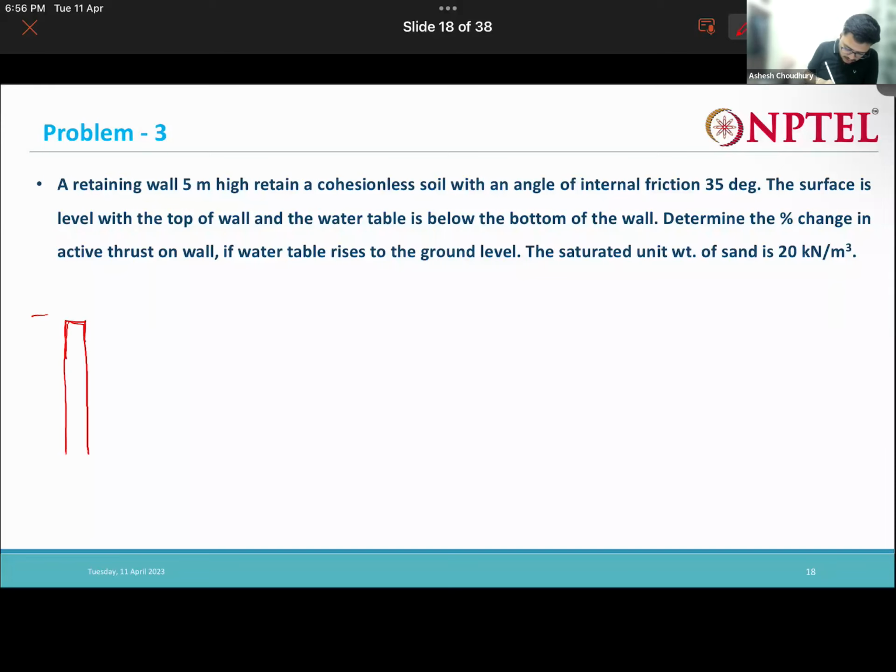So this is our wall. This is 5 meters, surface is level. Saturated unit weight is given. So what will gamma submerged be? 20 minus 9.81, 10.19.